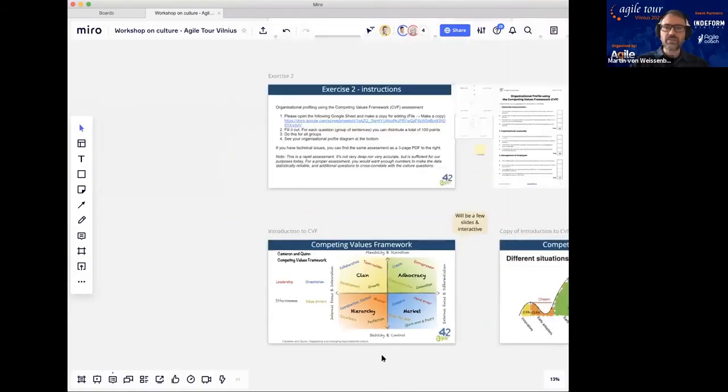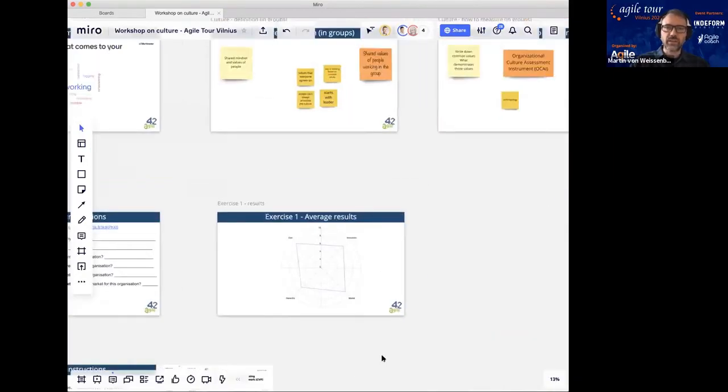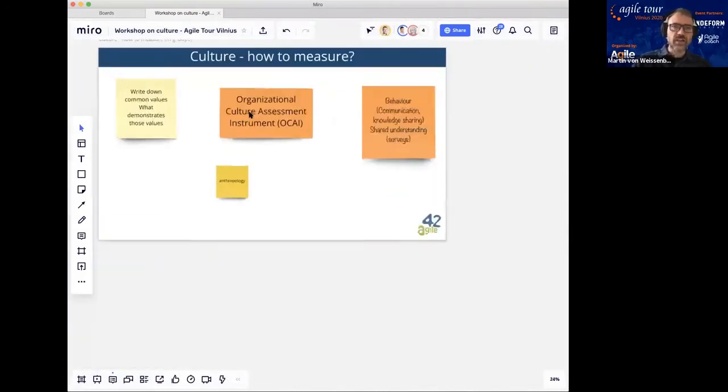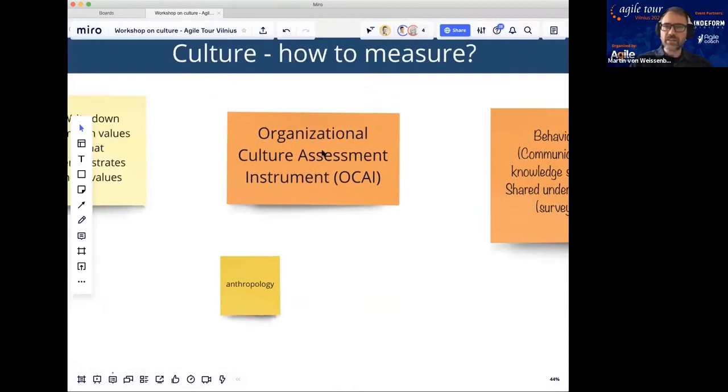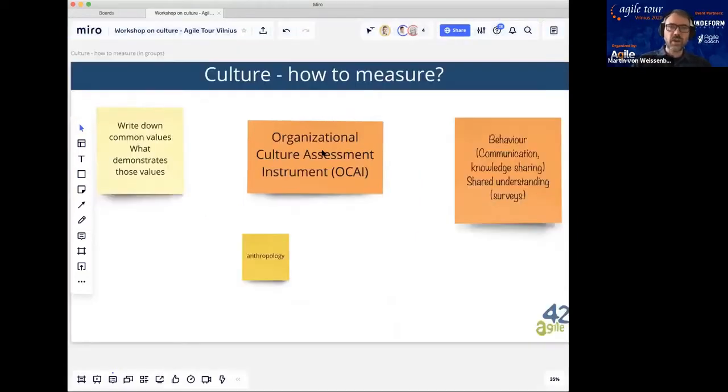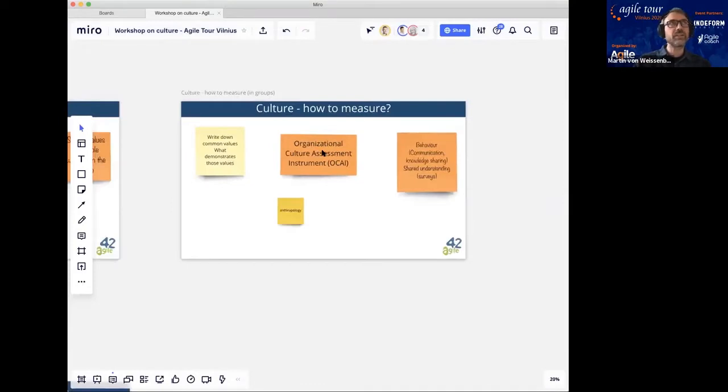I mentioned previously something called an OCAI, or an organizational culture assessment instrument. This is a term used by management consultants and also some organizational researchers to identify that there are different ways of looking at culture. There are many different dimensions you can look at.